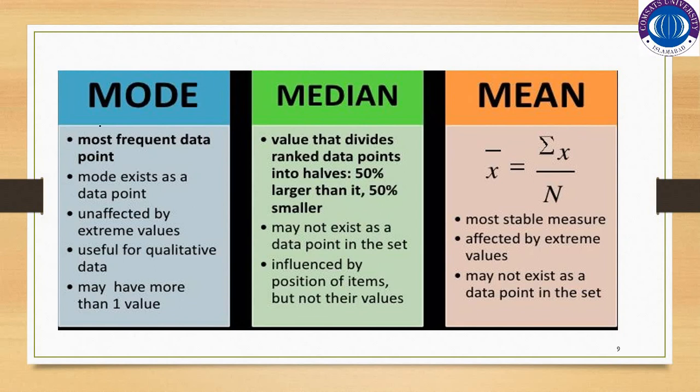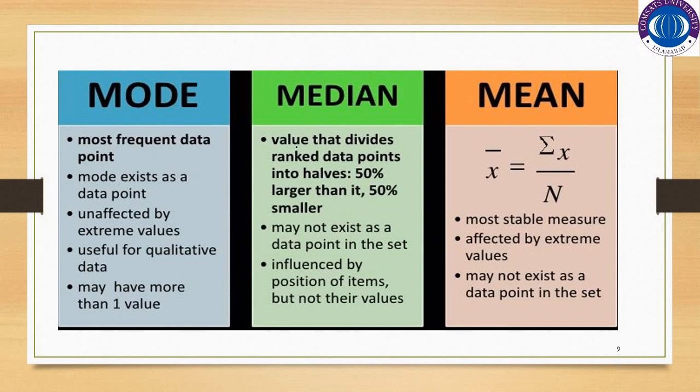So mode is the most frequent data point. Mode exists as a data point, is unaffected by extreme values, useful for qualitative data, and may have more than one value, as I have said already.